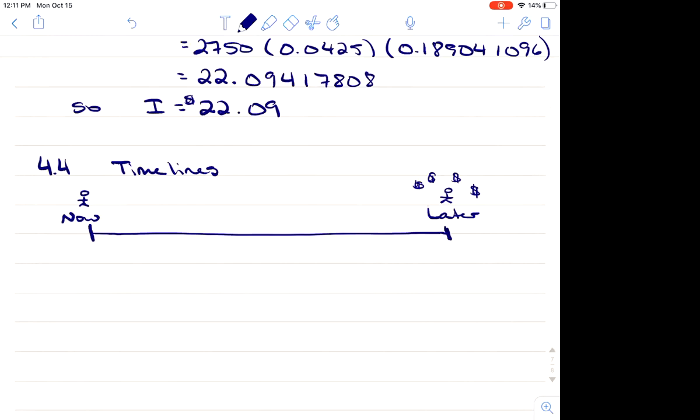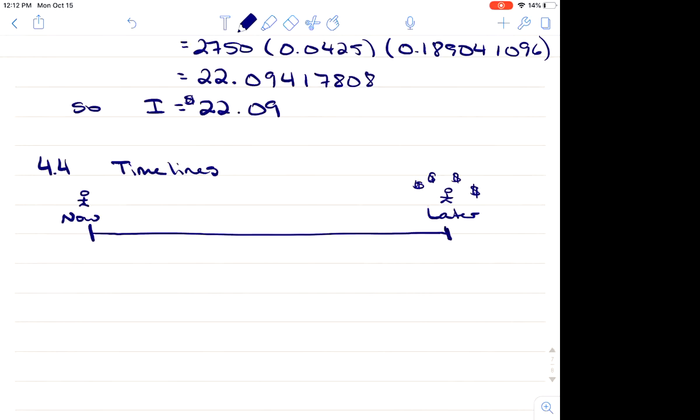Okay. And so it's going to be really important that we map these out. Obviously, we don't need to have these little stick men. They're just for fun. Okay. But you do have to have this line, right? And tell me what the dates are at each of these points. So that's your first part of a timeline.